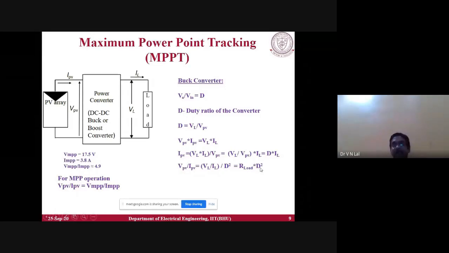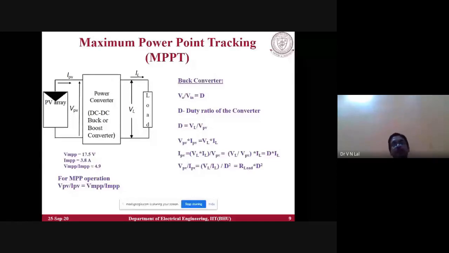For different values of the load, by adjusting this D, we can have this ratio VPV by IPV equal to VMPP by IMPP. So maximum power point operation is possible if we are using some power converter. For the boost converter, the same logic is valid.